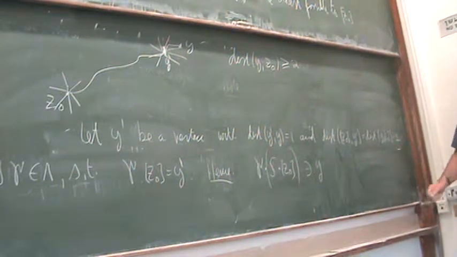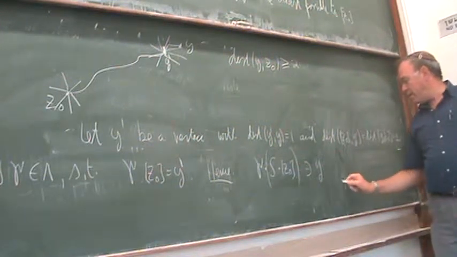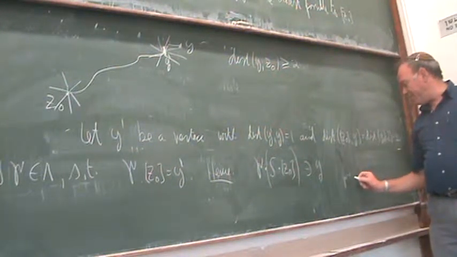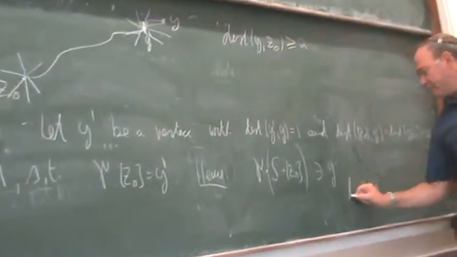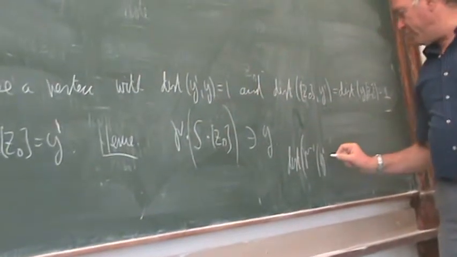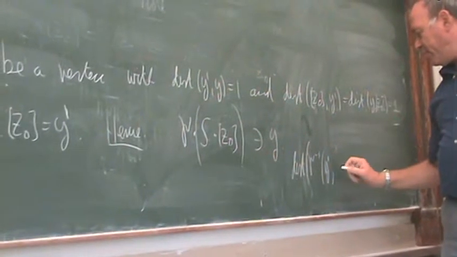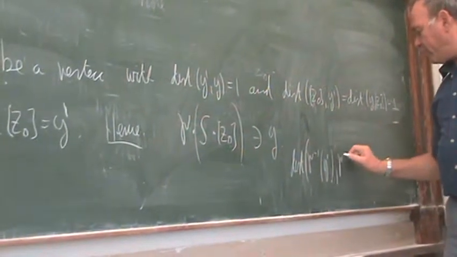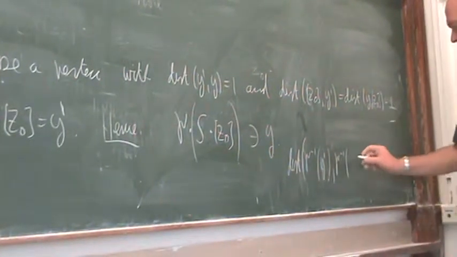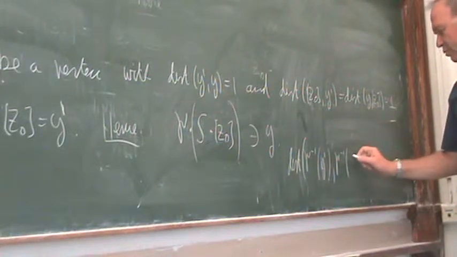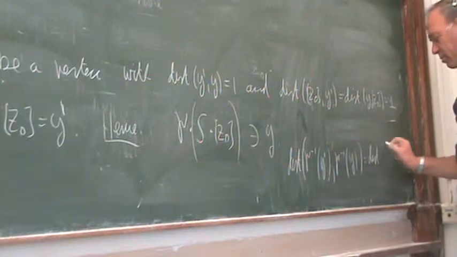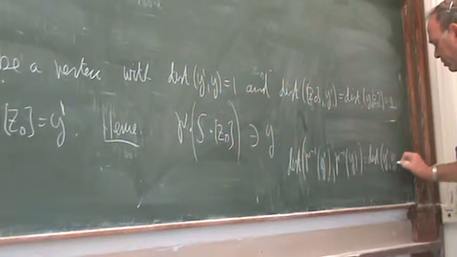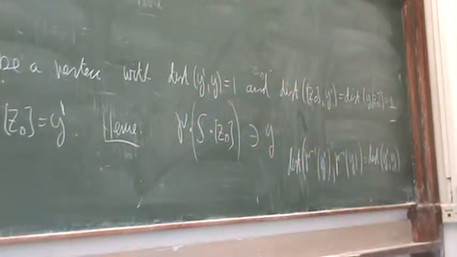Or if you want, you can say the distance between gamma to the minus 1 of y and gamma to the minus 1 of y prime, which is z naught, is equal to the distance between y and y prime, which is 1. Maybe that's a nicer way to say it.